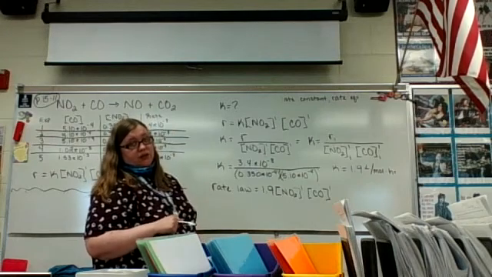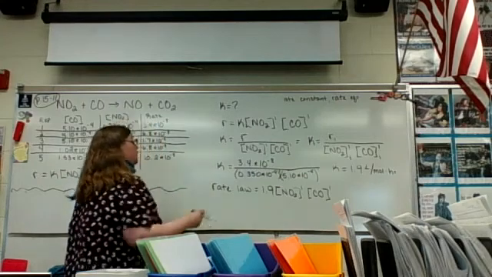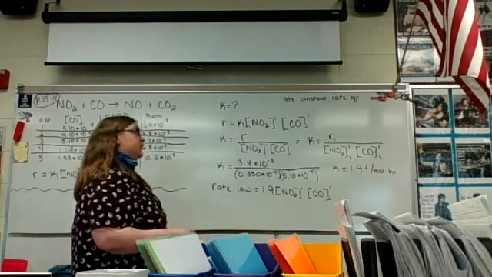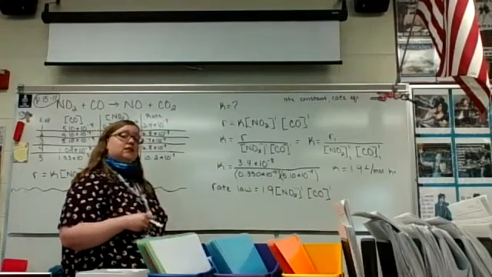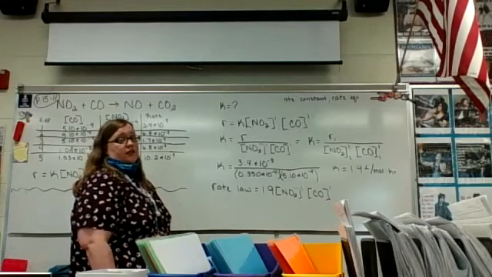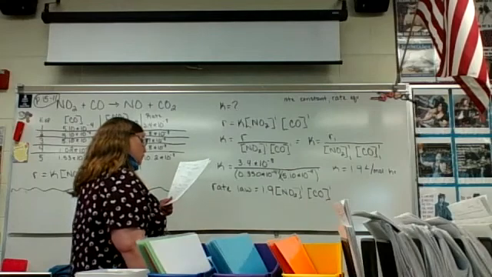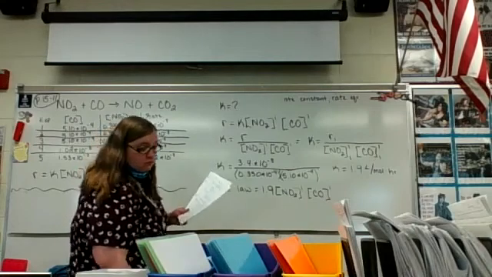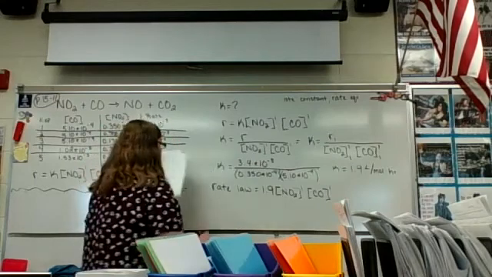That is a straight up plug and chug problem. Once you've figured out the reaction order for each reactant and what the rate constant is, all you have to do is a plug and chug and get the rate of the equation when you're given the concentrations.